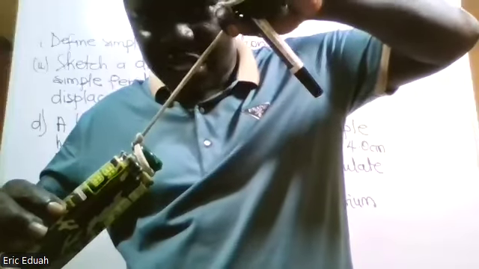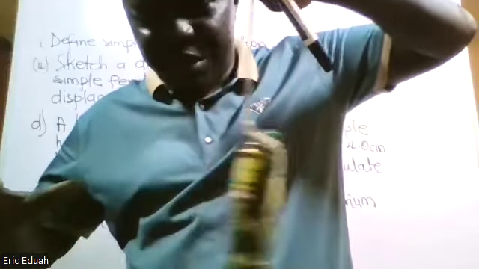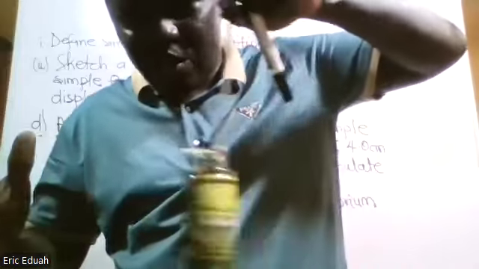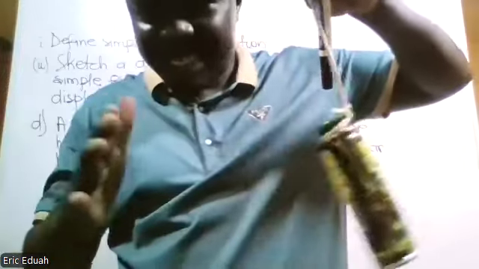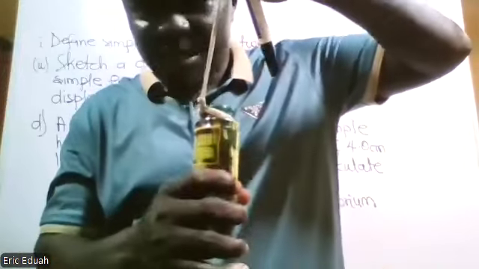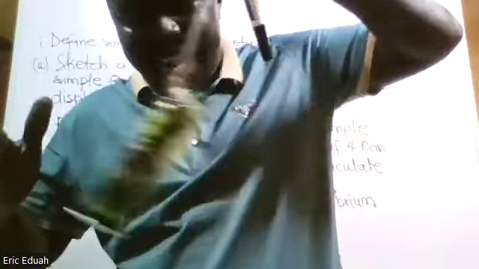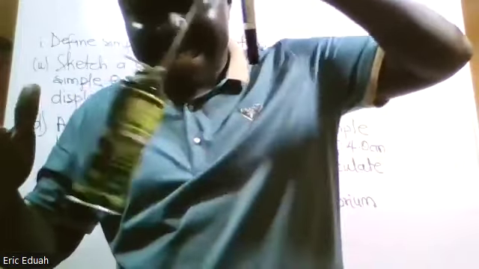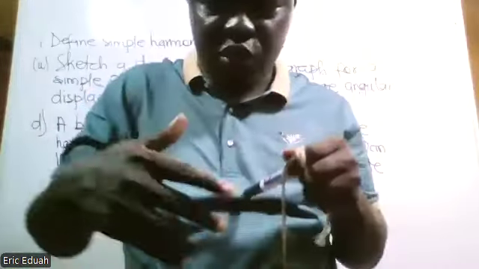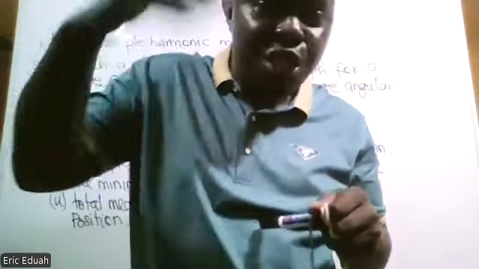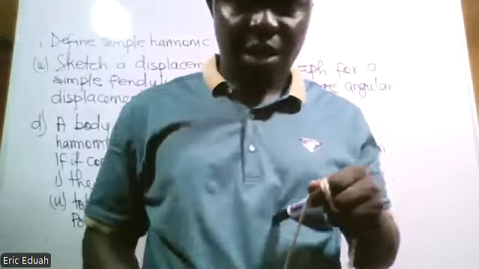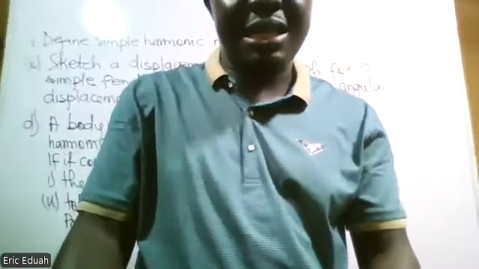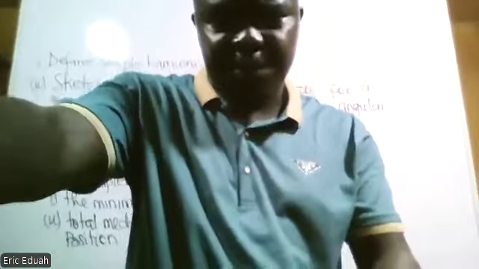Now, if it is oscillating freely, at every movement, it must go and return to this same point. Assuming my hand is that point, it must reach it at any time. When it doesn't get to it, then it means the amplitude of oscillation is reducing. And that is the effect when the body is given large angular displacement.